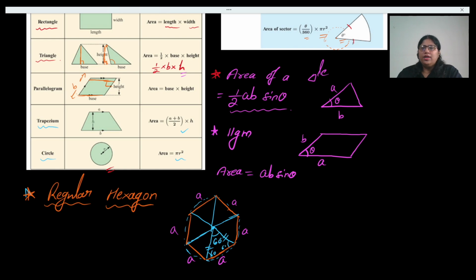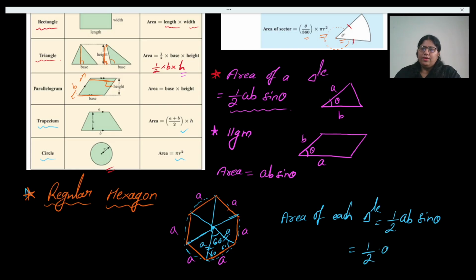So what is going to be the area of each triangle? Each triangle, you can take as half AB sine theta. Because it's an equilateral triangle, each side is going to be A. So it's half times A square times sine 60.